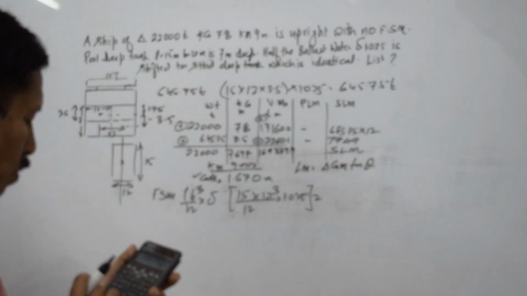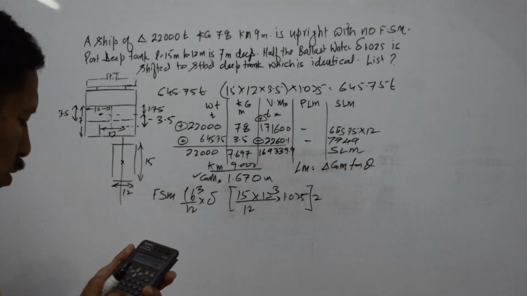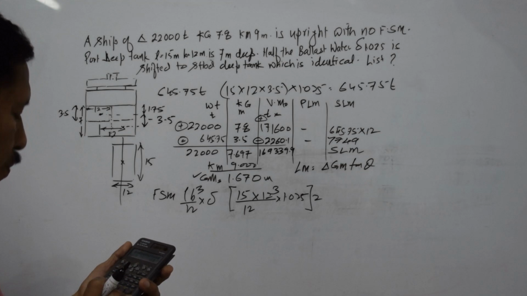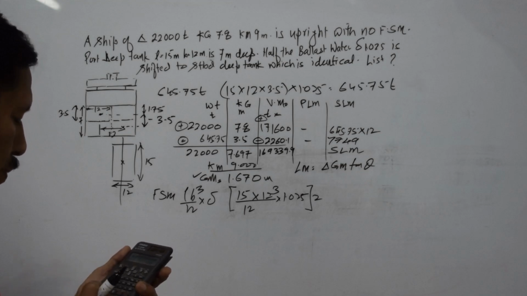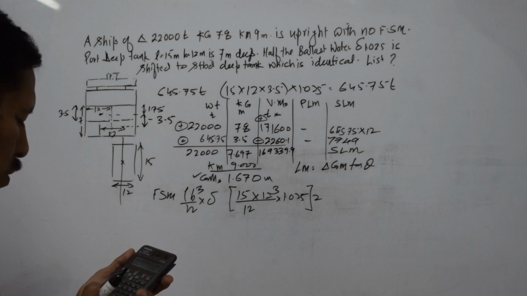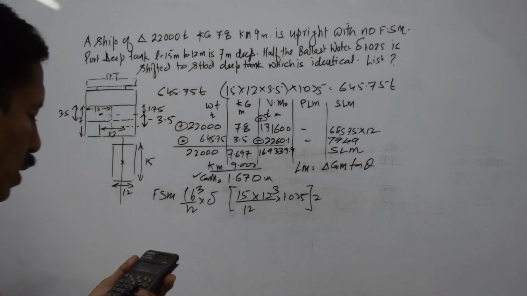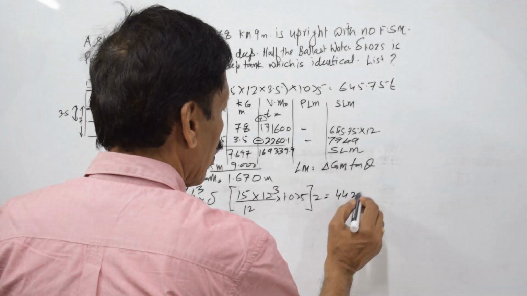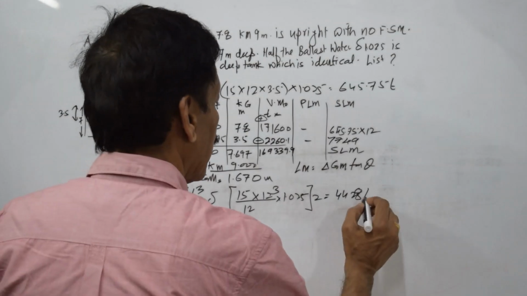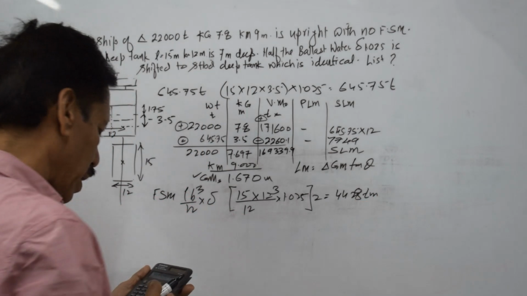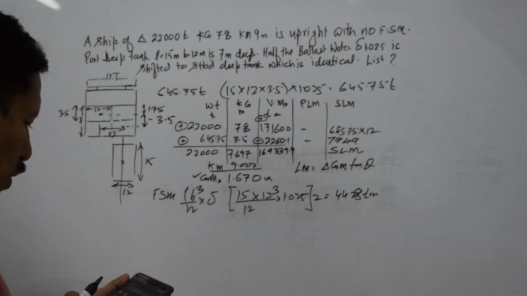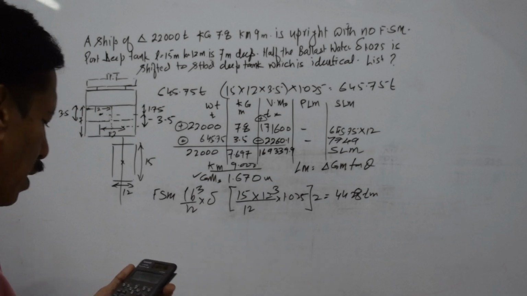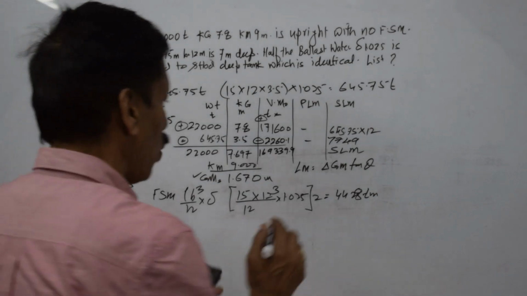Let me do the calculation. 12 square is 144 into 15 into 1.025 into 2 gives me 4428 tons meter. Divided by the displacement, 22,000, this gives me the free surface correction as 0.201.